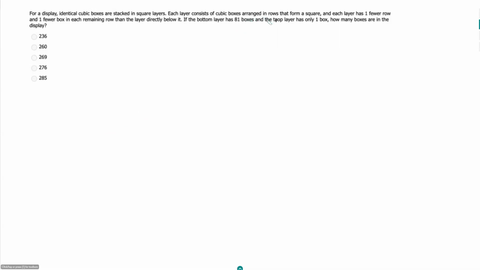To start, I just need to understand what my stack of boxes looks like. They're saying all my layers are squares made up of a bunch of boxes. So this is my bottom layer. Let's forget for a second about the numbers they give us. I just want to see in general what's going on.